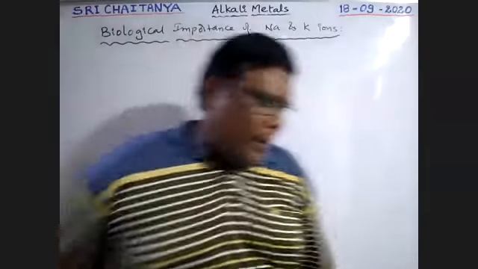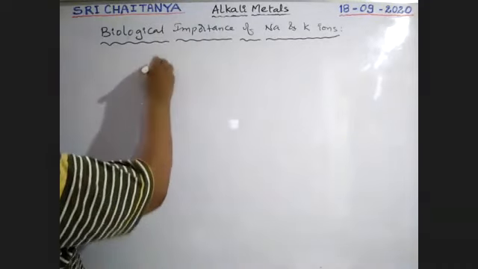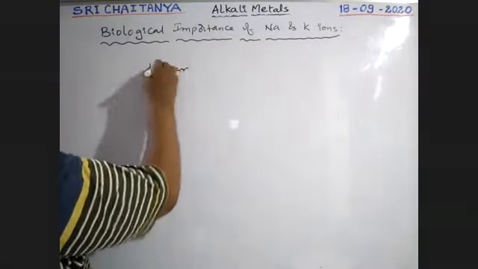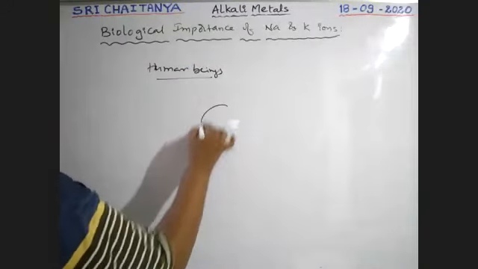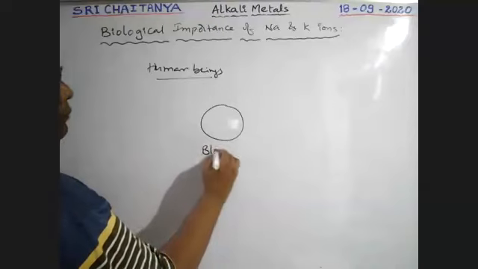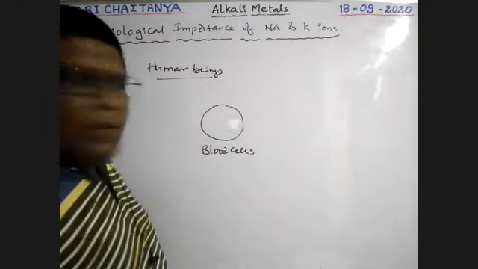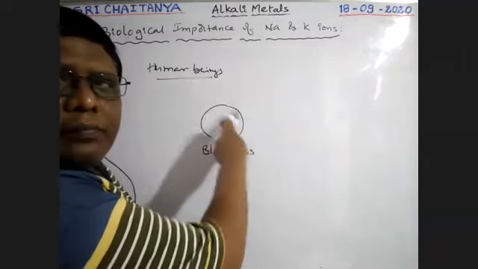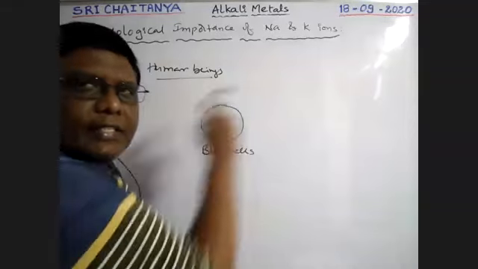See here what happened. In our human beings, there is a blood cell. This is the blood membrane, boys. It is inside the cell, it is outside the cell.